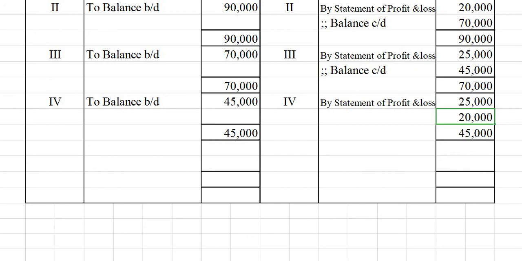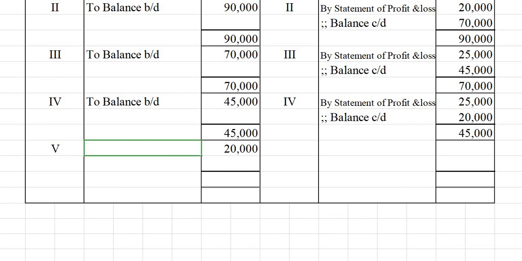Okay, then what is next? Yes, we have to find out the balance. By balance carry down, that will be brought down to the next year, that is the last year, the fifth year. So this year we have to complete the process, complete the journal entries.